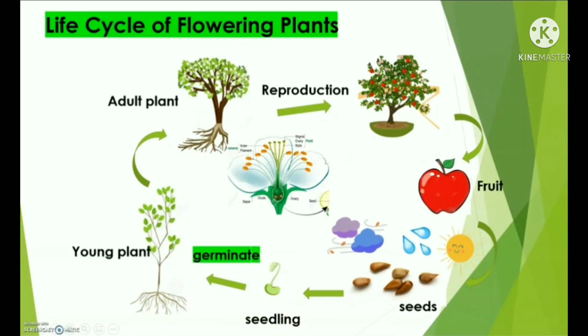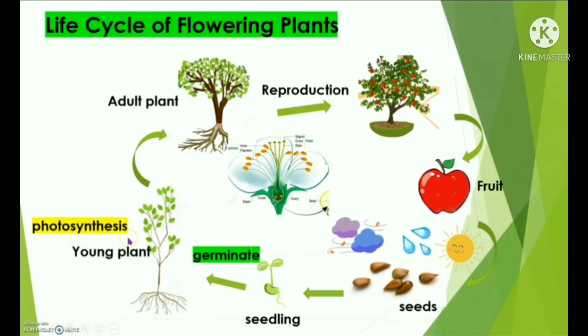The seedling will then grow its shoots or leaves, but these leaves cannot make its food yet. So it obtains its food inside the seed leaves or the cotyledon. Once it continues to grow its true leaves, it can now make its own food.